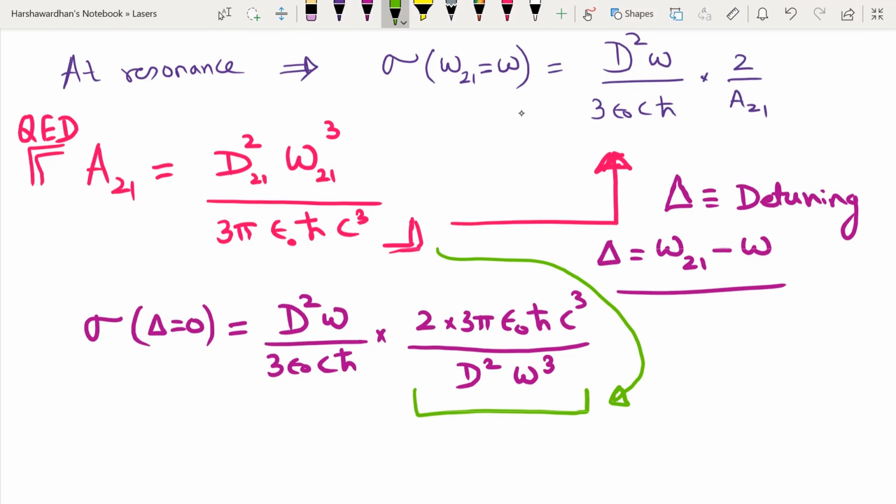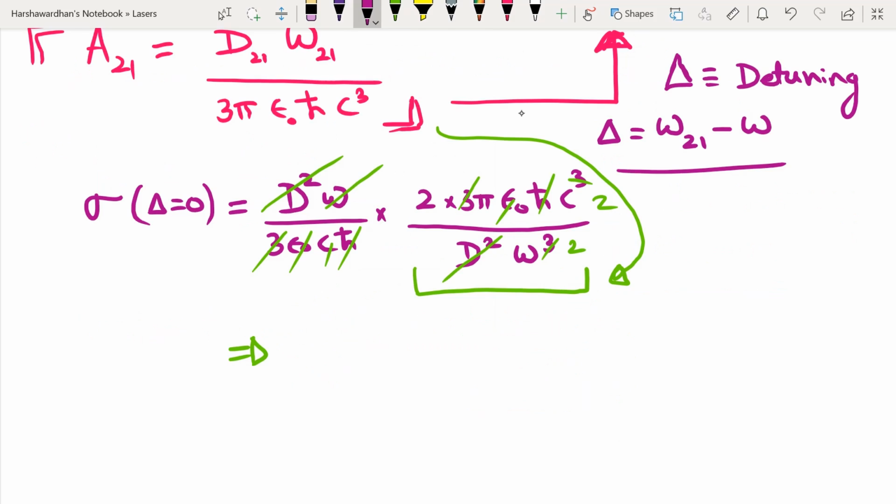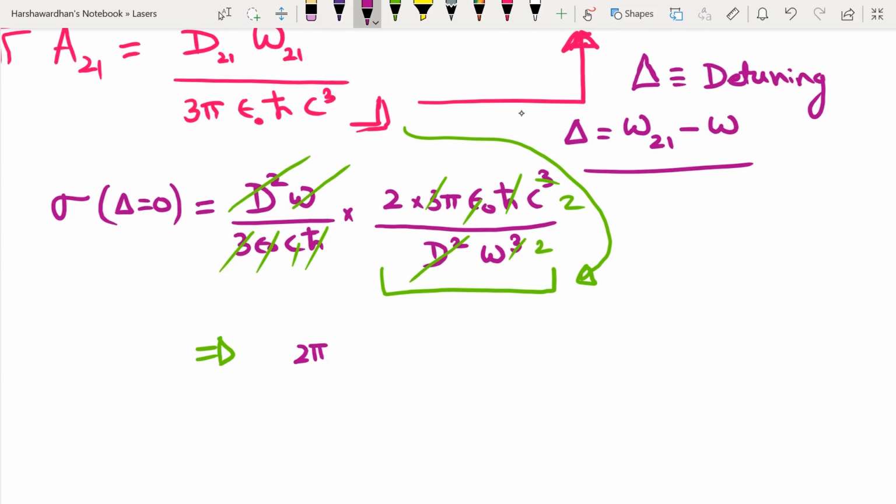What that gives me is that my d square gets cancelled, my omega becomes omega square, 3 epsilon naught h bar c and c square. So essentially what I get is 2 pi c square by omega square, right?